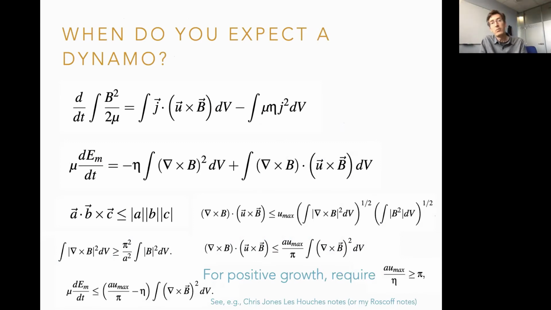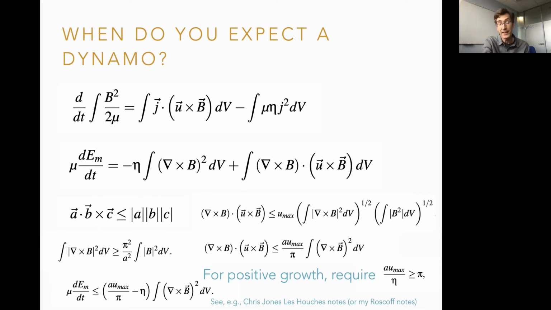You can construct an evolution equation for the magnetic energy by just dotting the induction equation with B. Well, it's like this top equation. So the first term is basically the work being done, and the second term arises from the ohmic dissipation, the ohmic resistivity in the plasma. So in the MHD limit, J, the current density, is just the curl of B times constants.